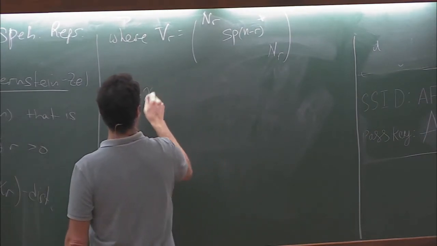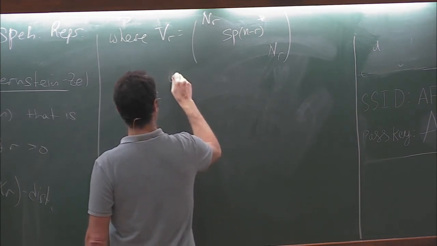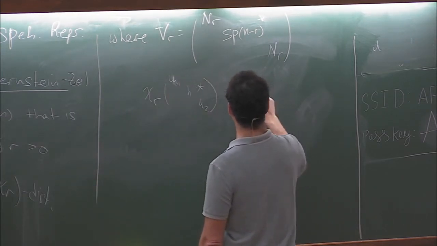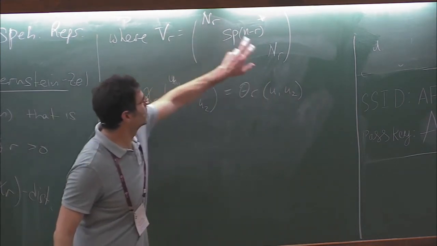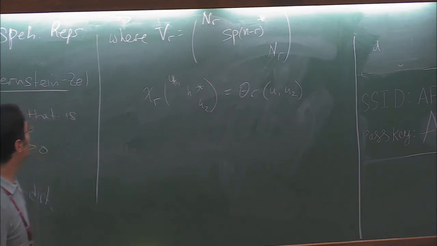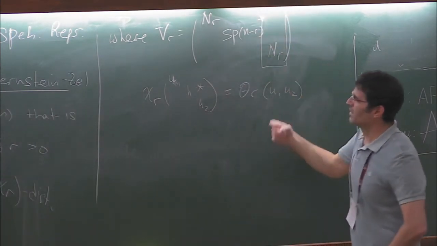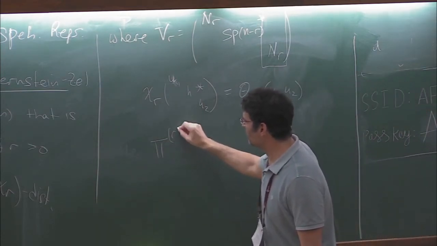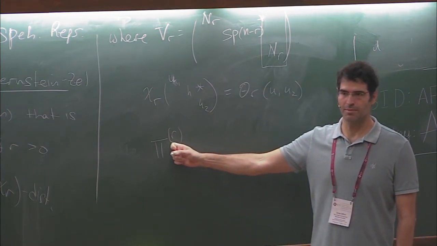And chi R of U1 U2, and whatever you have above, is the character theta R of U1 U2, so the generic character applied to each of these two blocks. So in other words, remember, if we just focus on this block, the equivalent linear form amounts to looking at the rth derivative of pi.